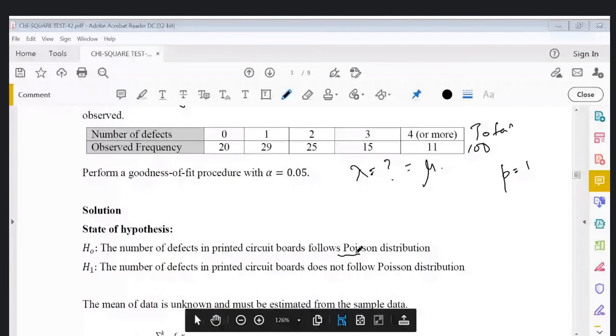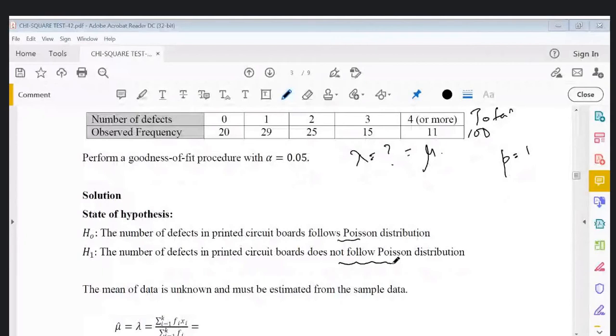We calculate 20 times 0, plus 29 times 1, plus 25 times 2, plus 15 times 3, plus 11 times 4, divided by the total fx, which is 100 for this data.